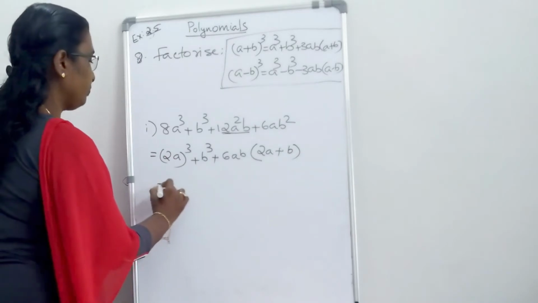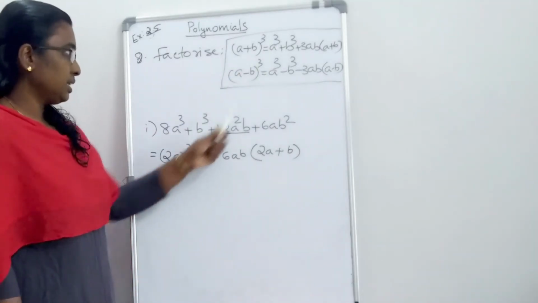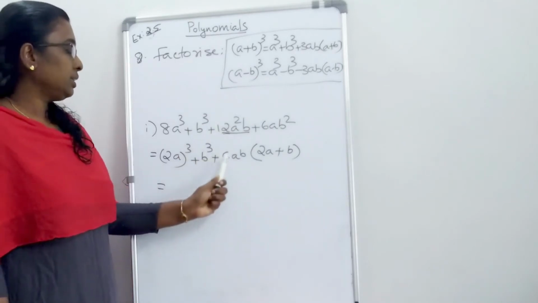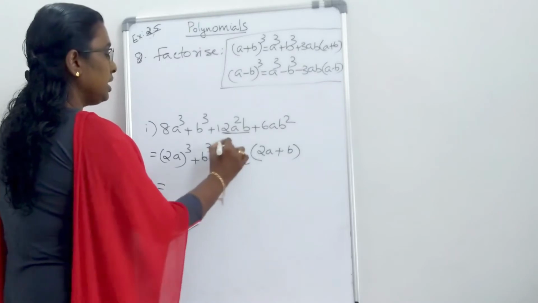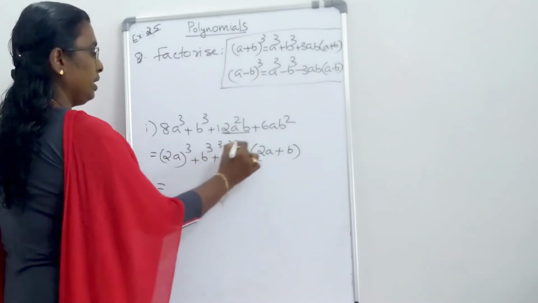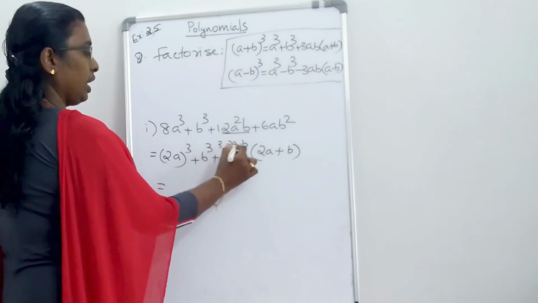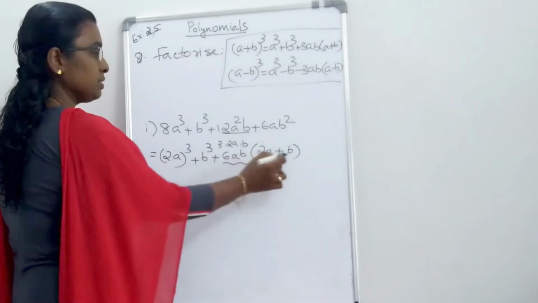2a plus b. Look here, a cube plus b cube plus 3ab. 6ab can be written as 3 into 2a into b, that is 3 into a, where a is 2a, and b is b. 3 into a into b into a plus b, that is 2a plus b.